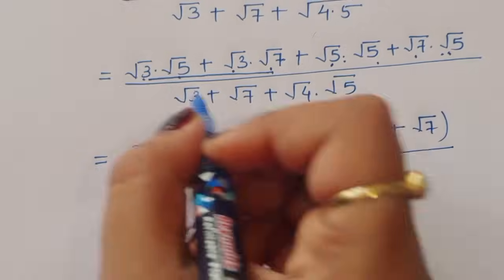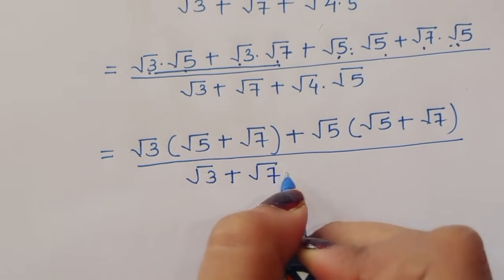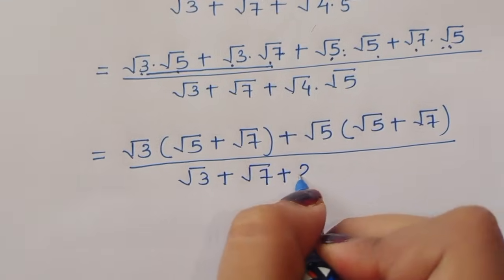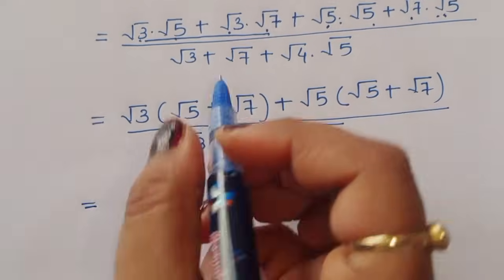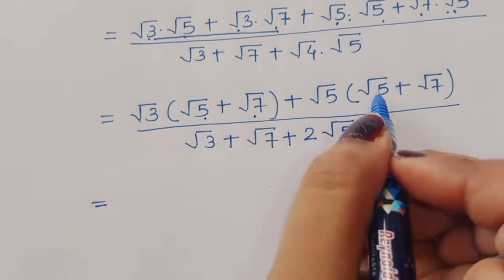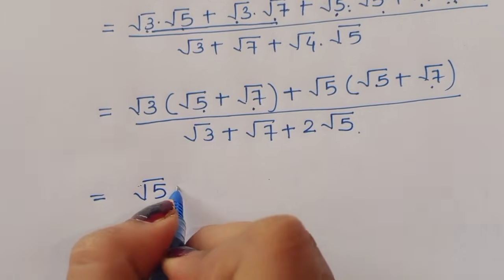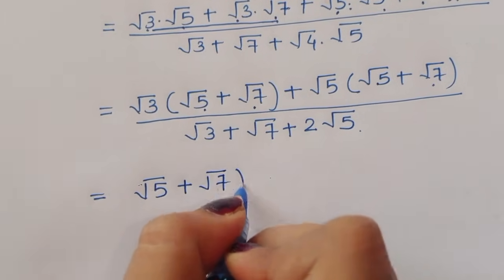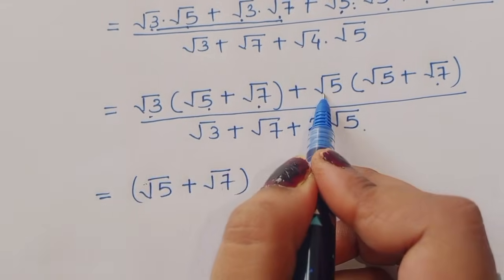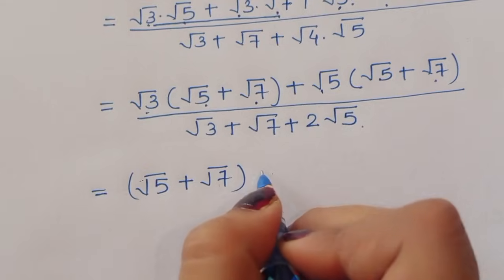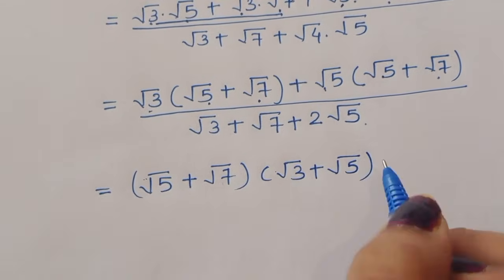Divided by √3 + √7 + √4 times √5, that is 2√5. Now we have (√5 + √7) in both terms, so we can take common (√5 + √7), and here plus √3 times √5. So we can write this as (√3 + √5), right?